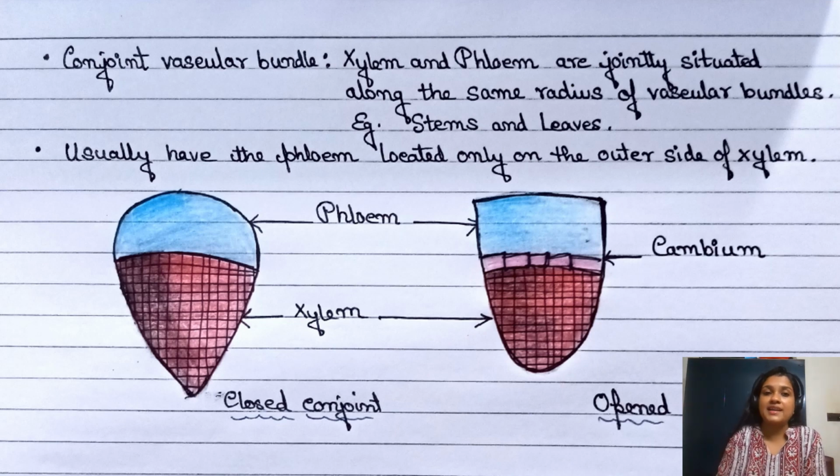Now after radial arrangement, there is the conjoint arrangement. Here xylem and phloem are jointly situated along the same radius of vascular bundles.